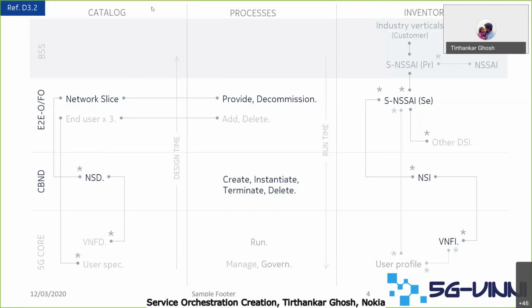This is the design time in the catalog pillar. We'll start by having a look at the NSD, which is the network service descriptor within the CBND's catalog. And then we move into Flow One's catalog, to see how these NSDs are consumed by this slice descriptor.